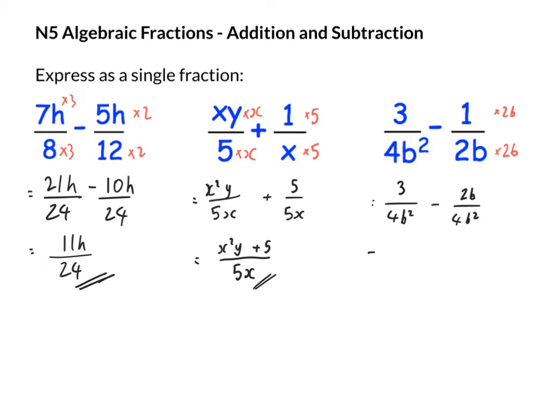I've got a common denominator here of 4b squared. So I write that on the bottom, and on the numerators I've got two unlike terms, 3 and 2b. So I've got 3 minus 2b, and I've got that expressed as a single fraction.